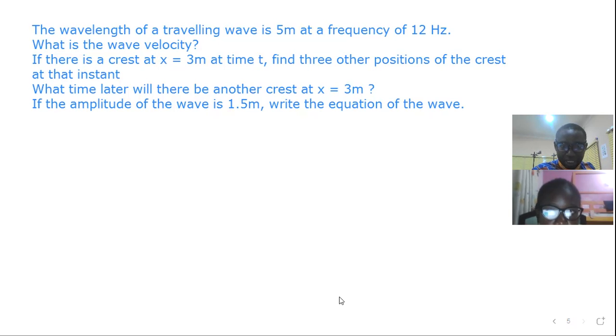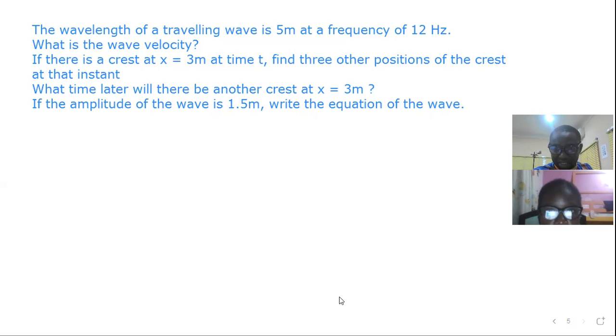So for that question, if there is a crest at x equals 3 meters at time t, the position of the crest at that instant would be 3 plus the wavelength. So the first position will be 3 plus 5, which is 8. The next one will be 3 plus 5 plus 5.